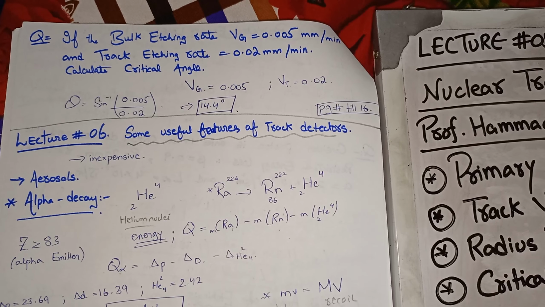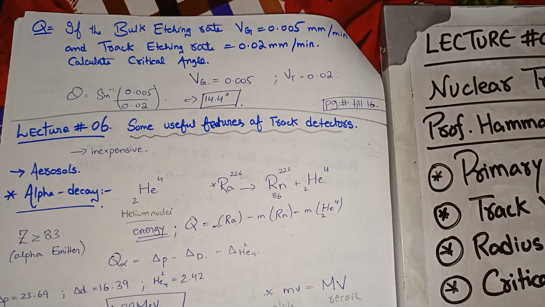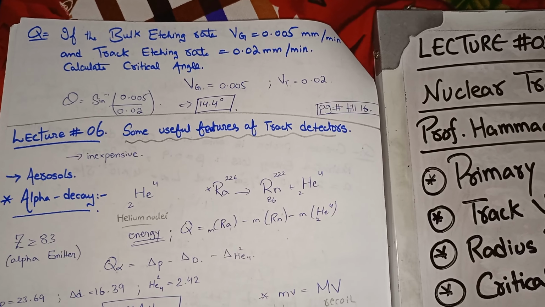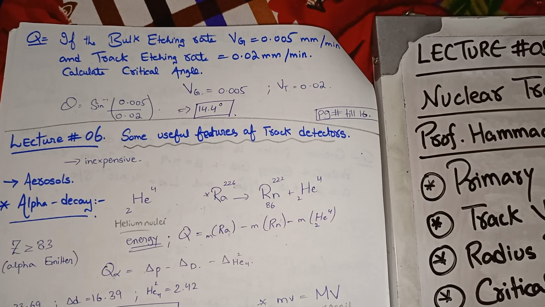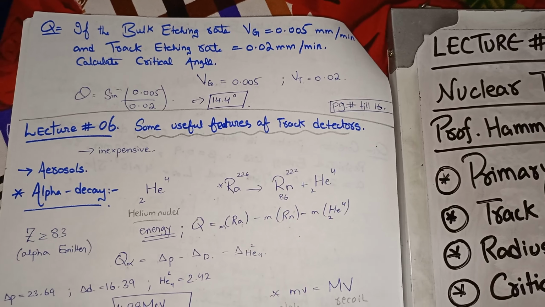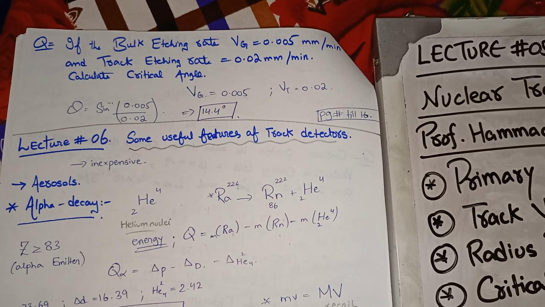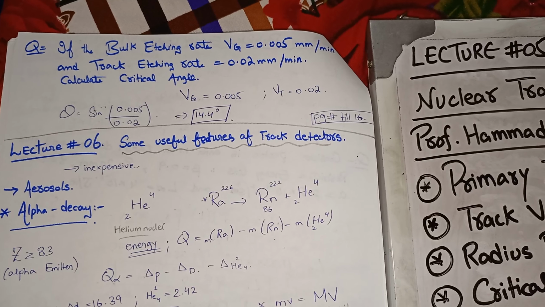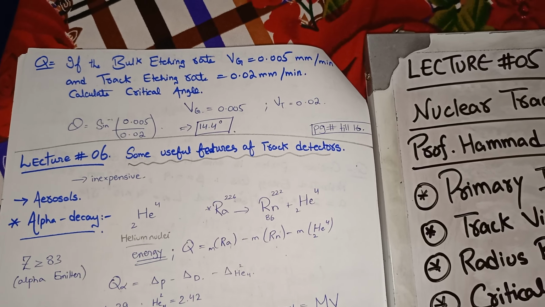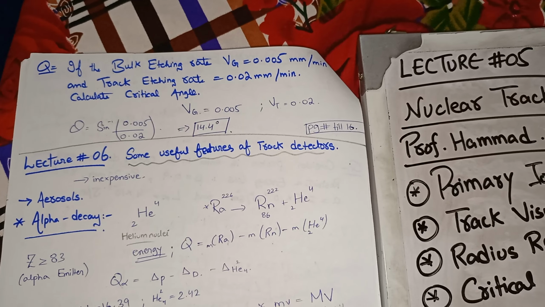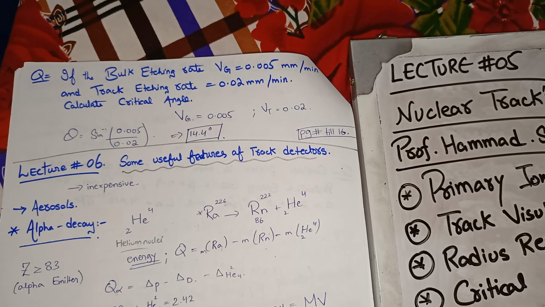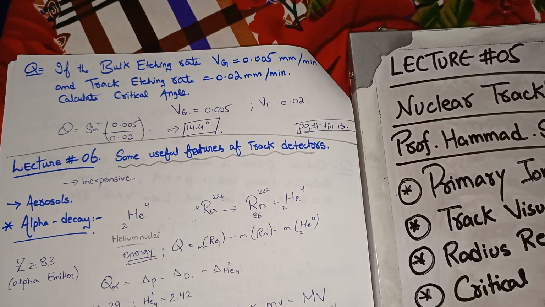After putting in theta equals sine inverse of 0.05 divided by 0.02, you will get the final result, which equals 14.4 degrees. So this is how you can find the critical angle, and you can easily find the bulk etching rate vg and the track etching rate as we did in the previous numerical.